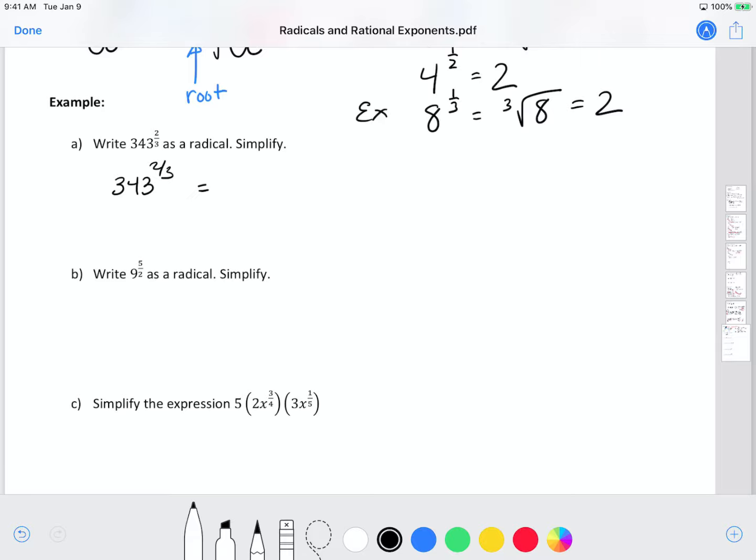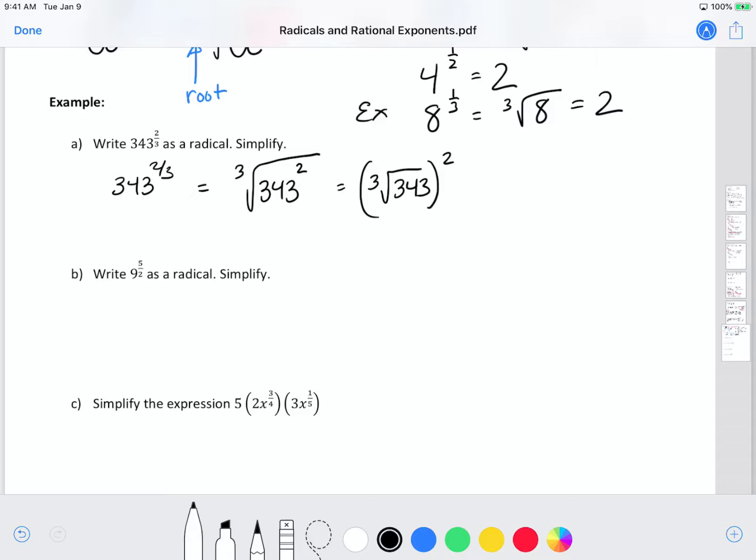So we could write it like this, 343 squared, but then I take the cubed root of that. We could also write it like this, the cubed root of 343 and square it. The order in which we write the 2 and the 3 doesn't matter, as long as the 3 goes with the root and the 2 is the exponent.